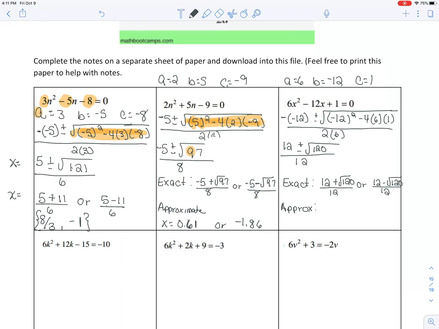So our approximate answer would be 12 plus the square root of 120. I did that wrong at first. 12 plus the square root of 120. Press enter, and then divide it by 12.